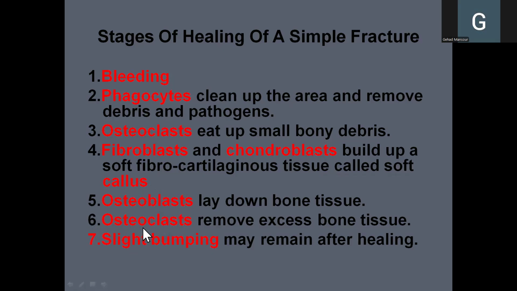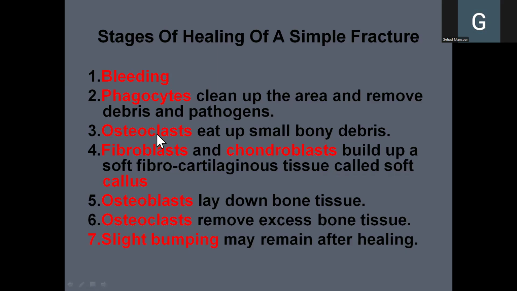After having built this bony tissue, as you know, there is an external callus that needs to be removed, and we also need remodeling inside the bone to convert the irregular trabeculae of bones into regular Haversian systems. So the osteoclasts will again play a role.